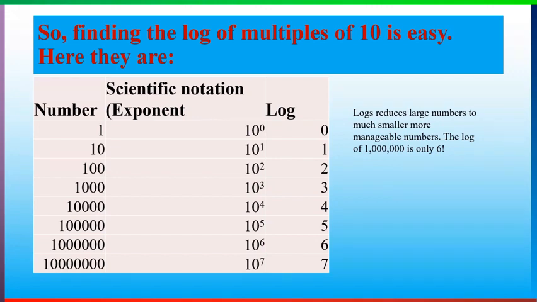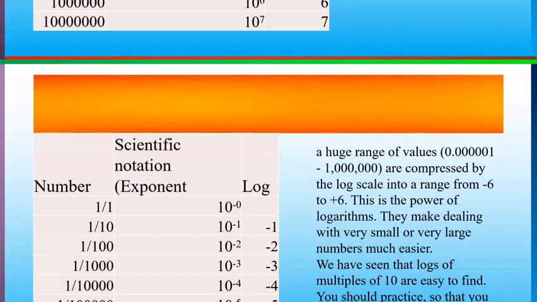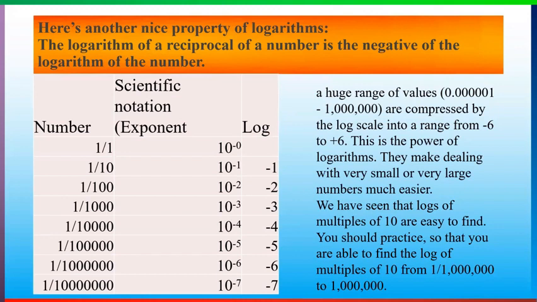For example, 1,000,000 has 6 tens, so its power is 10 raised to the power 6. That's why its log will be 6, and so on. Similarly, a reciprocal number has its log according to the number of tens in it, but it will be negative. Here you can see the log of 1 over 100 is minus 2. The log of 1 over 1,000,000 is minus 6.